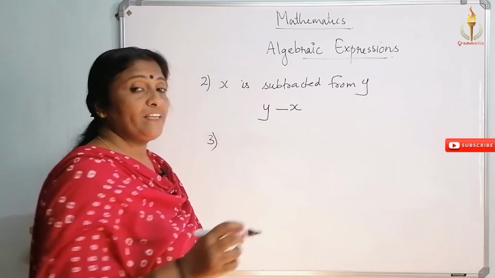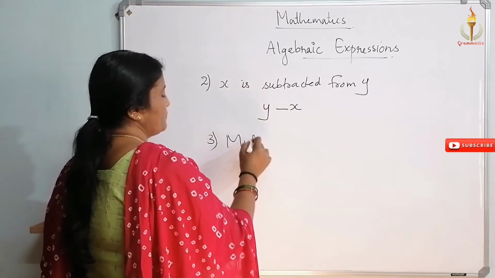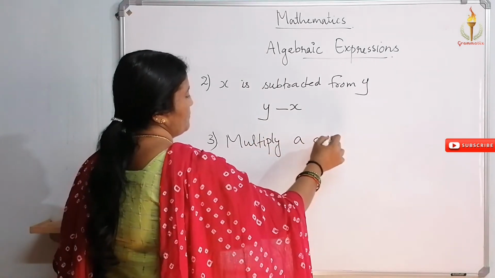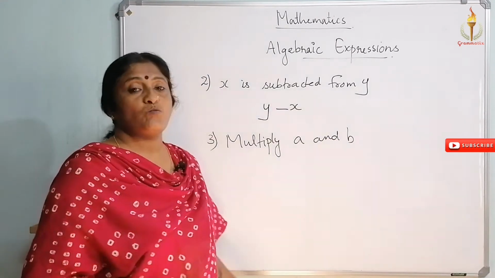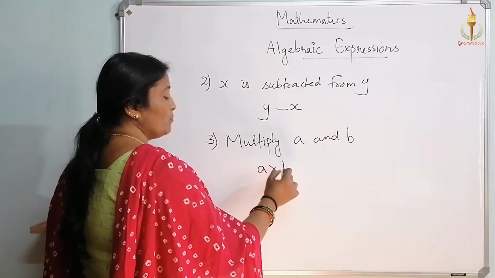Third one is multiplication. Let us multiply two numbers and see how it is written. Multiply a and b. When you are using the multiplication symbol, you can write a into b.